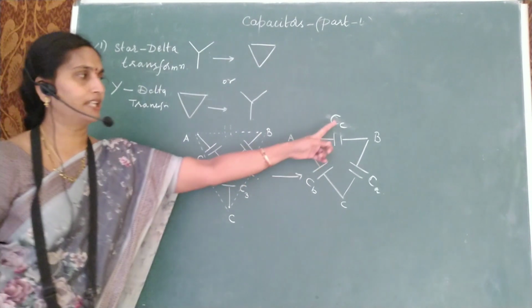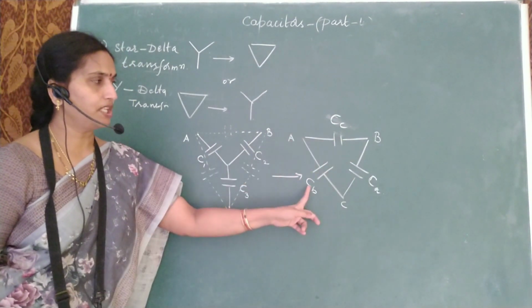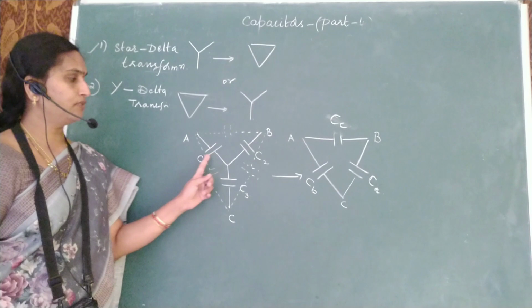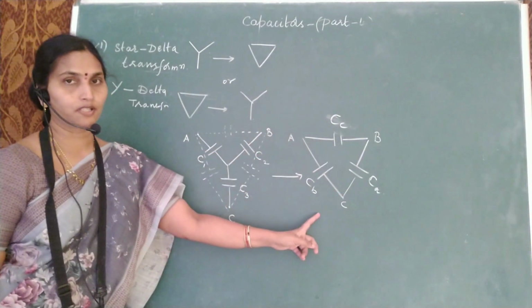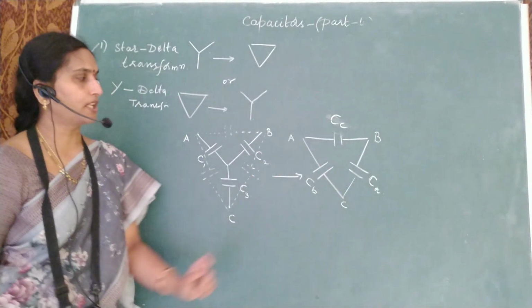I want to know the values of CA, CB and CC whenever you transform this Y shape into a delta network.